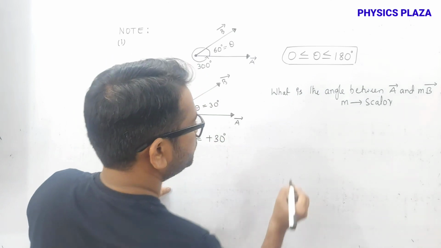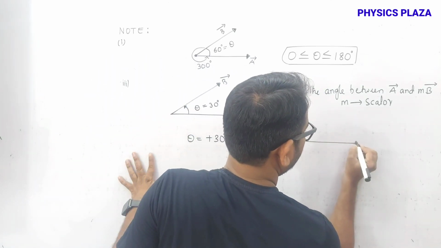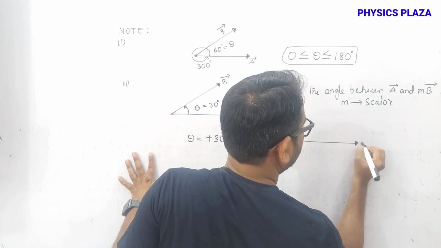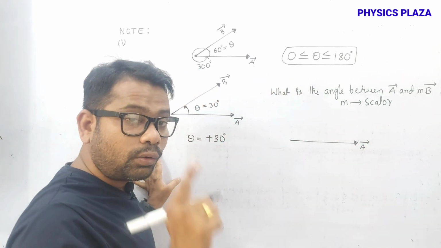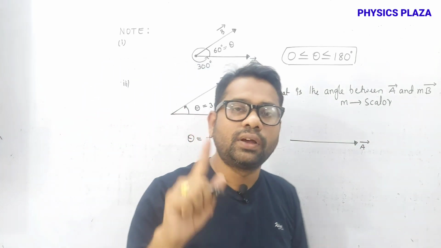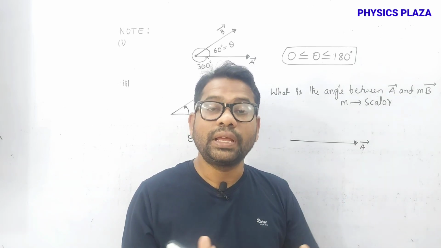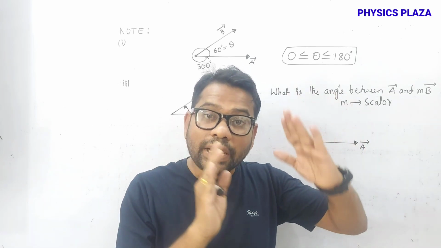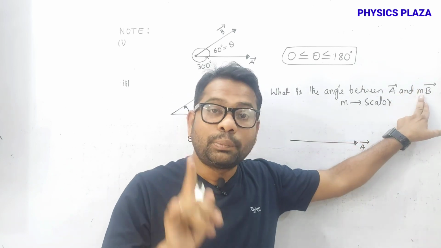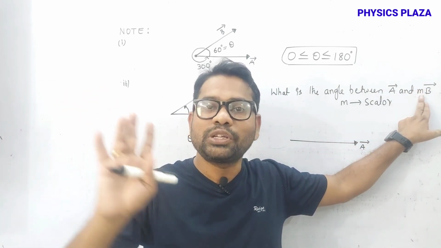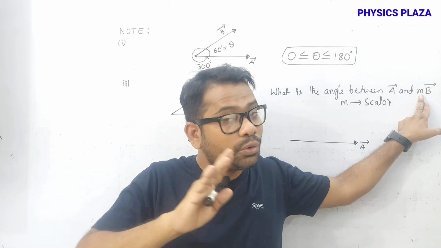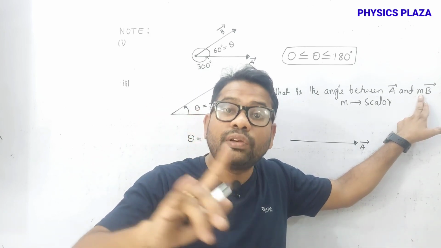Now look at here, children. Here vector A will be here only. Already we had discussed, whenever any vector is multiplied with a scalar, its magnitude is increased by that many times in the same direction of the vector. The direction of the vector is not going to change, only its magnitude will be increased.